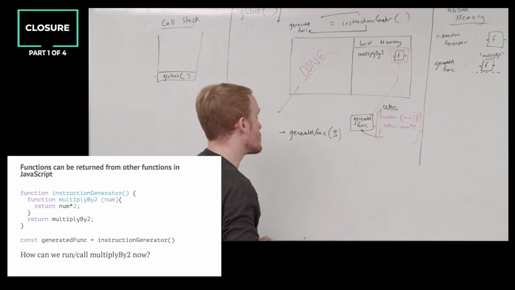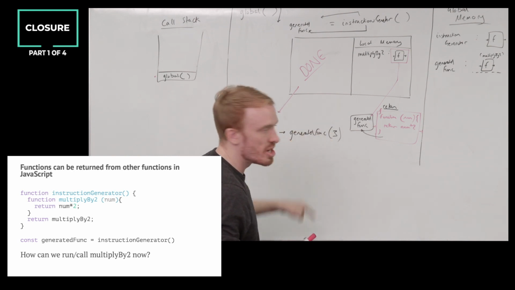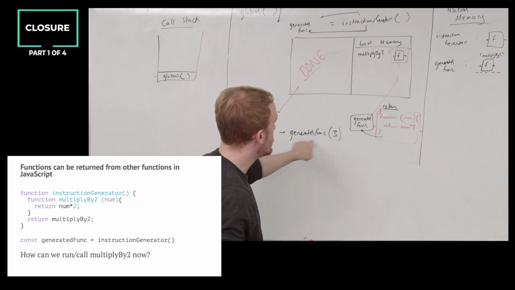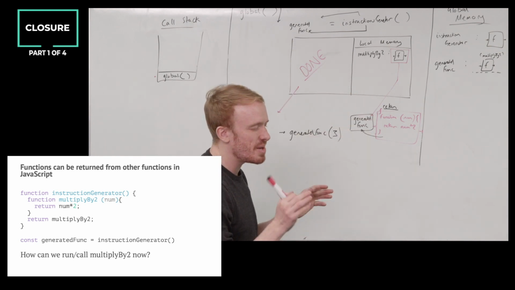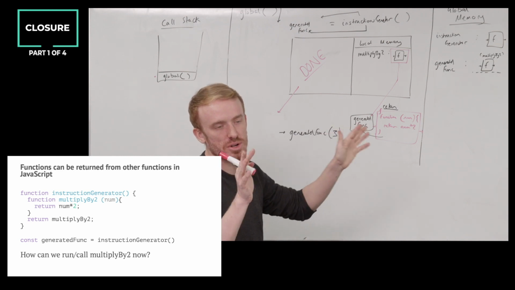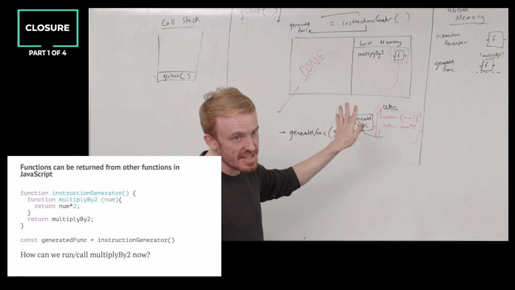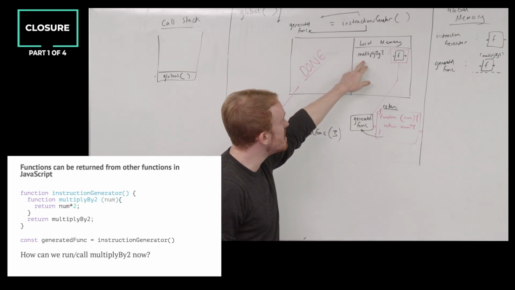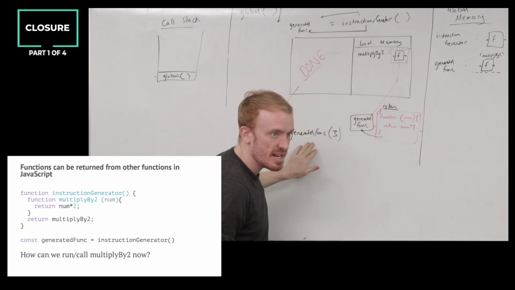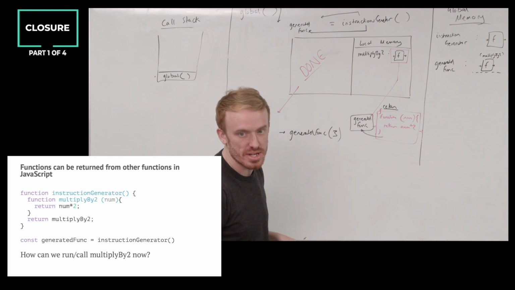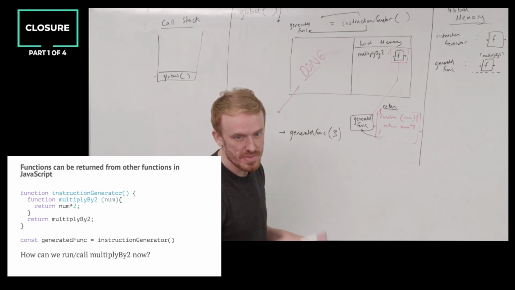Because we returned it out and gave it a new global label, generatedFunc. So if I now want to run the functionality formerly known as multiplyBy2, I don't panic. Even though multiplyBy2's label is deleted and gone, out here I have a new label for it, generatedFunc.